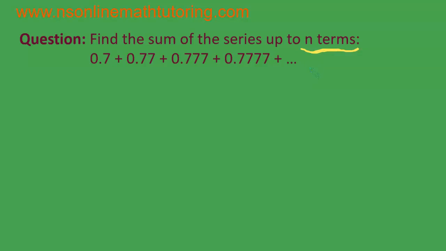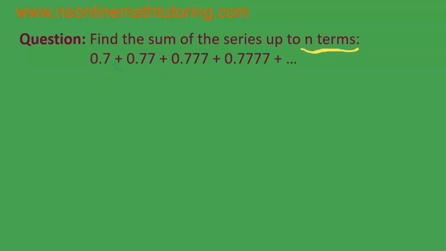Okay, in this session, you will be seeing two typical questions solved and explained, which I wanted to share with you. So let us start with our first question, which says find the sum of the series up to n terms.